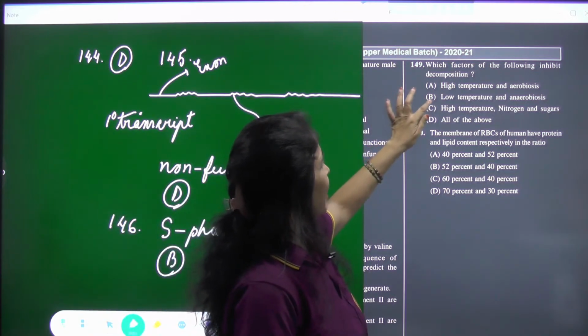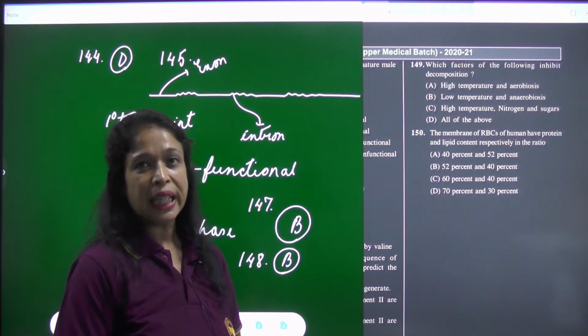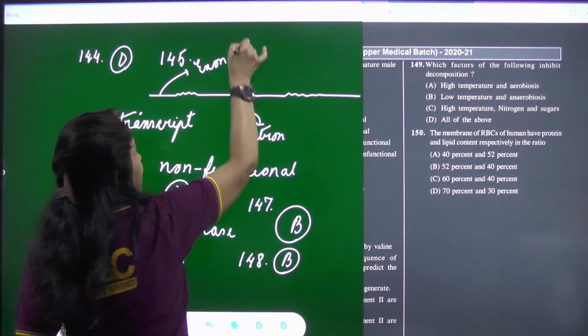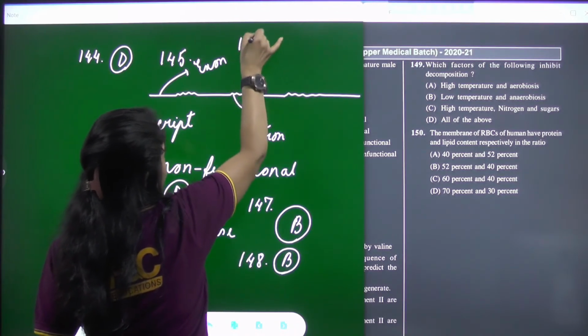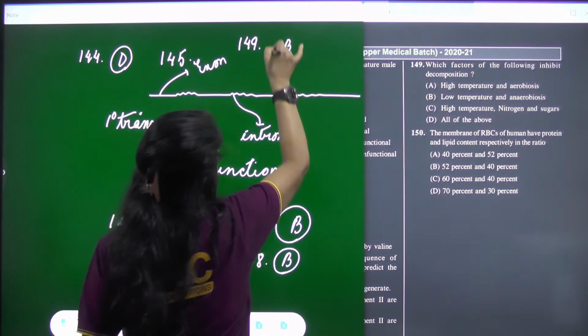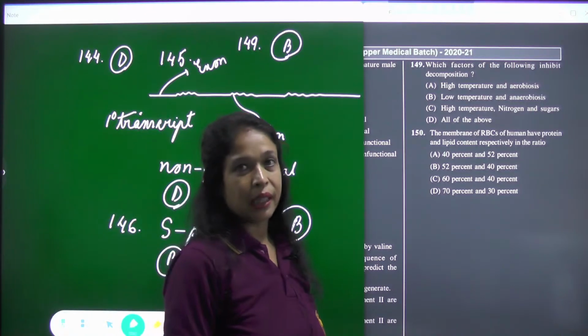But low temperature and anaerobiosis will definitely inhibit the decomposition process. So the factors which will prevent decomposition are low temperature and anaerobic conditions, right, low oxygen concentration.